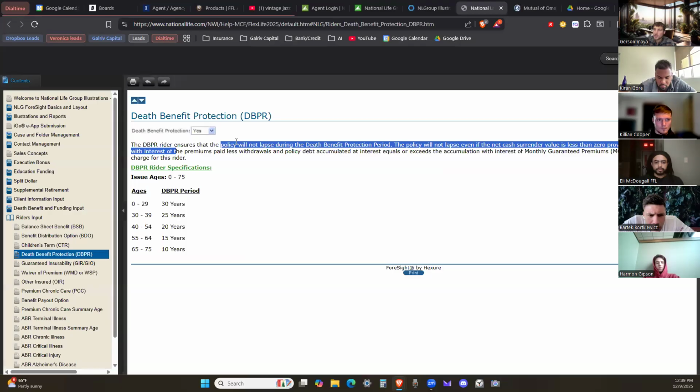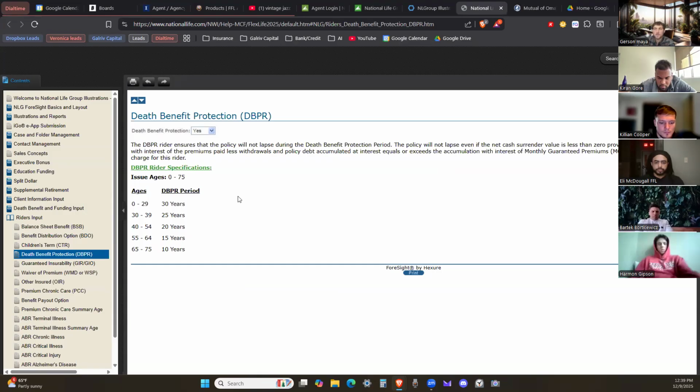It ensures the policy will not lapse during that period. And depending on their age, let's say this guy's 45, is between the ages of 40 and 54, that death benefit protection period is going to be 20 years. So as long as he's paying that minimum guaranteed premium for the next however many years, it's guaranteed not to lapse for 20 years, no matter what.